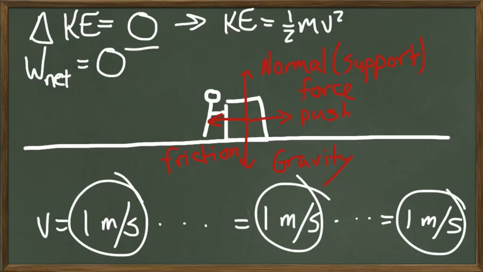That means that, surprisingly, you are doing no net work on the crate, even though you are moving the crate. Relatedly, the net force on the crate is 0. So we see that when we have no net force on an object, then you do no net work on the object, even though you might be pushing on the object, as is the case when you are pushing on the crate. You have to take into account friction when you are calculating net work.